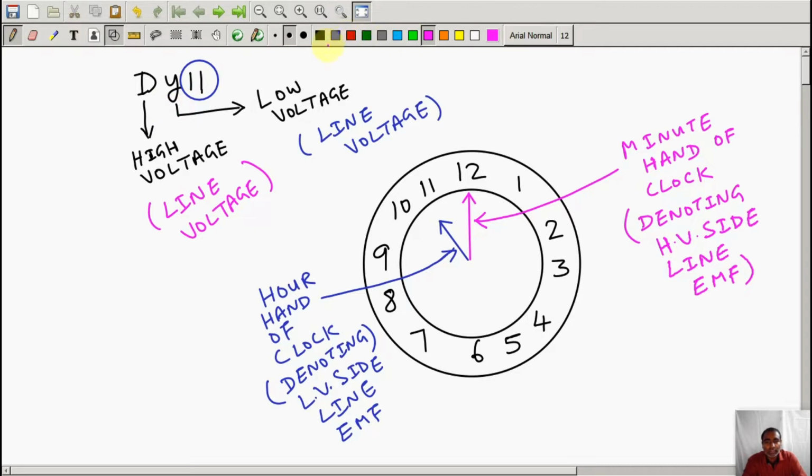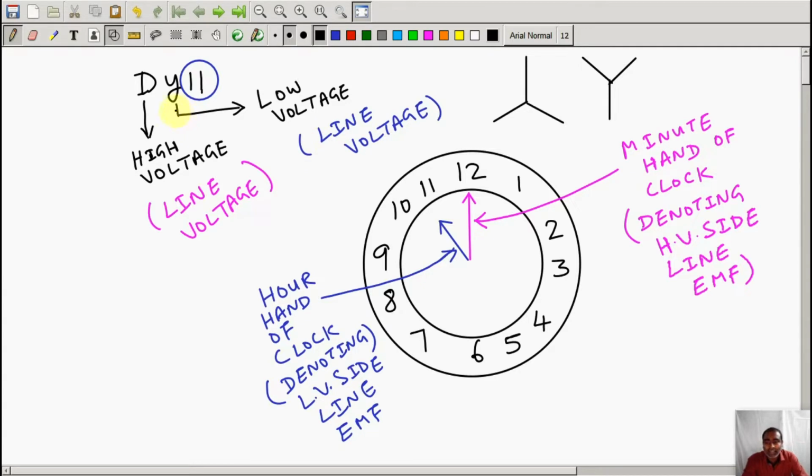You know that if you invert the star connection, let me draw it properly, this is your star connection, it will look like a Y. So usually we call this Y connection the star connection.